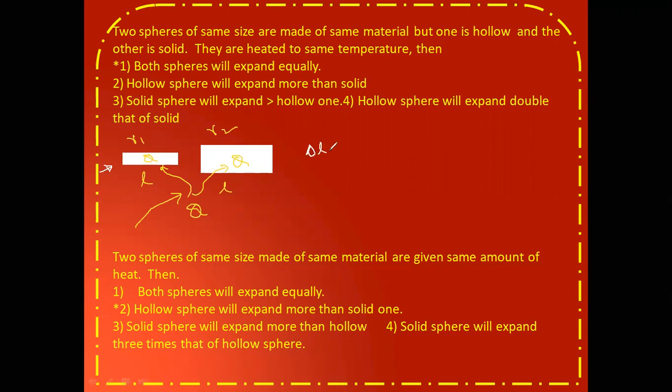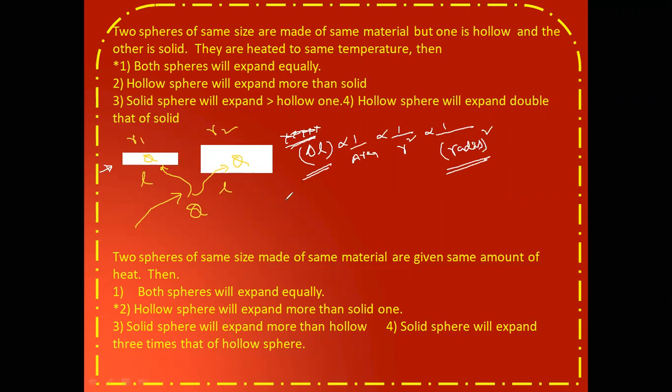In that case, delta L is directly proportional to 1 upon area, that is directly proportional to 1 upon r square, that is 1 by radius square. This is the important relation.